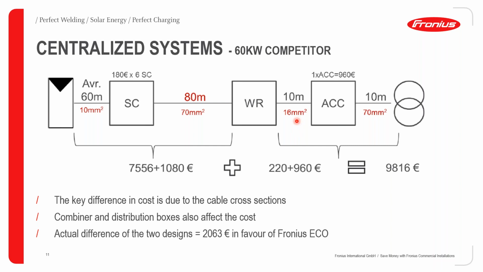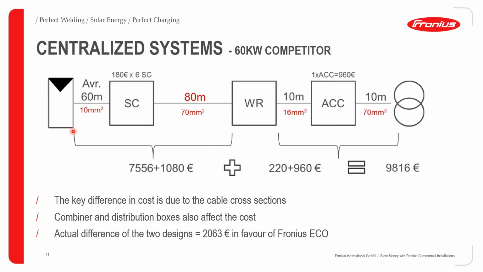So you can see the cable cross sections have remained the same at 16mm square and 70mm square. Here, the big difference is the 70mm square cables. With the Fronius Eco 27, we used 35mm cable. And here with the Fronius Eco 27, we had string cables of 6mm square diameter.